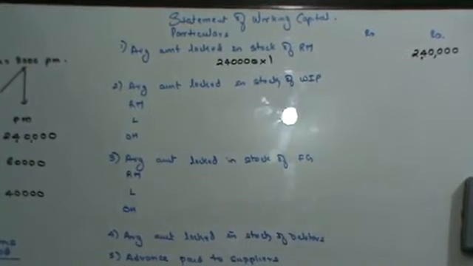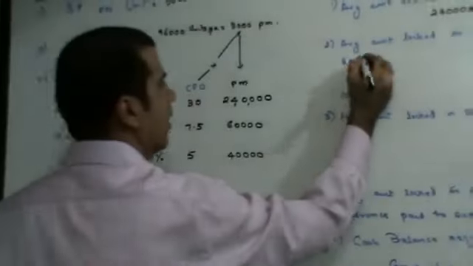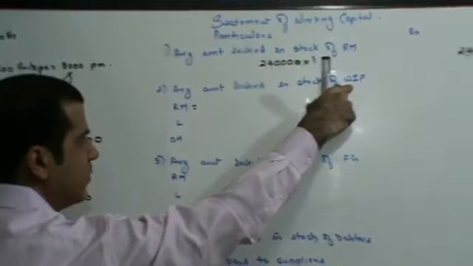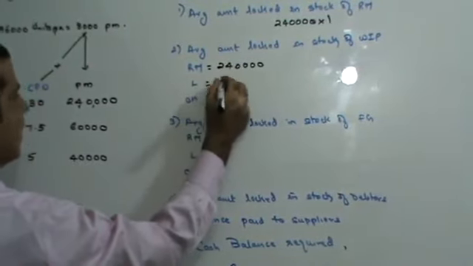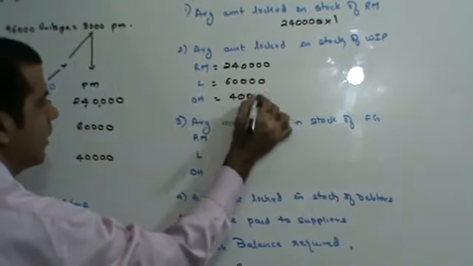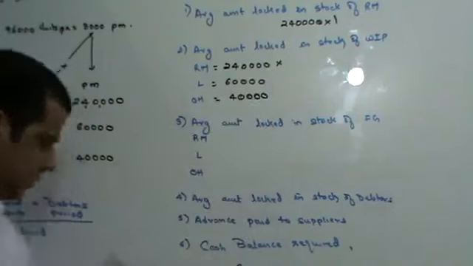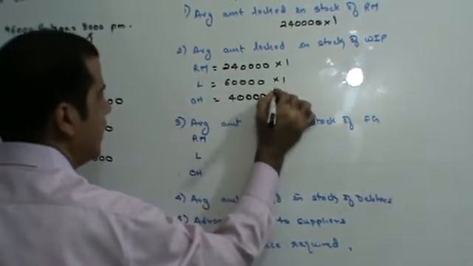Next, they have given you that production process takes 1 month. Production process means work in progress. We found out raw material is 2,40,000, labor is 60,000, overheads is 40,000. Takes 1 month, right? So into 1, into 1, into 1.